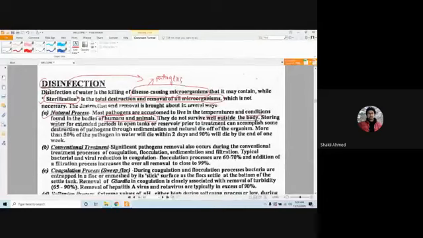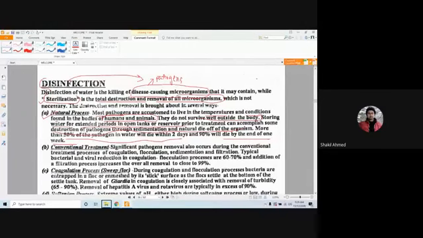Storing water for an extended period in open tanks or reservoirs prior to treatment can accomplish some destruction of pathogens through sedimentation and natural die-off of the organisms. More than 50% of the pathogens in water will die within 2 days, and 90% will die by the end of a week.